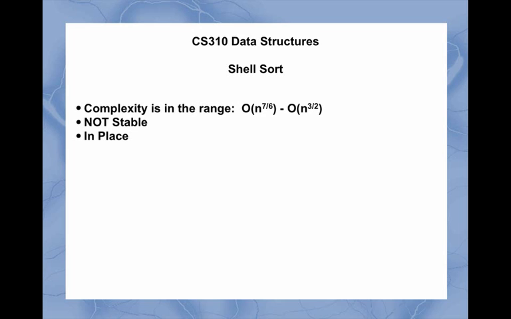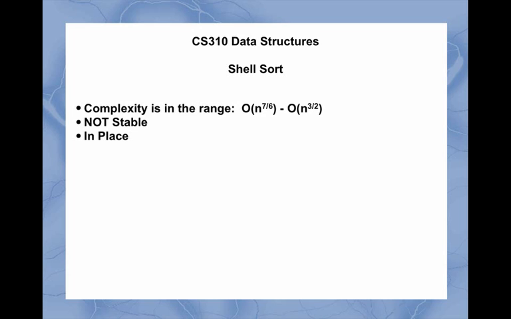Shell sort is a twist on insertion sort. Recall that insertion sort gives us big O of n behavior in the cases where the array is already in sorted order. So what we're going to do is take advantage of this fact that the behavior of insertion sort is very, very fast, very good in cases where the array is either in sorted order or in almost sorted order.